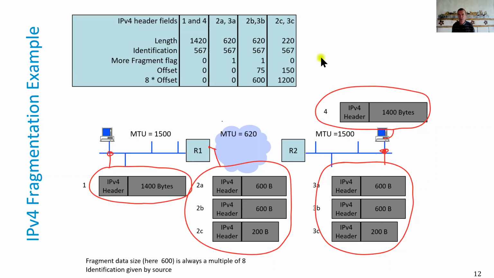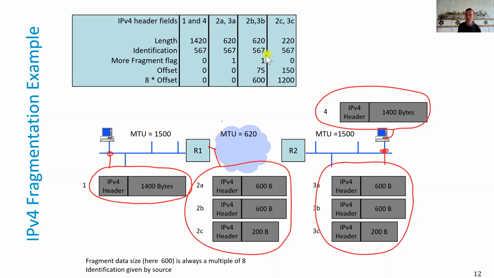For example, if I receive packet 2B first, I know that the packet size is 620, so I have 600 bytes of data. Of course, I forgot to mention, there is an offset in the packet that says where in the original datagram the packet was. Here it's 600, so I will start reconstructing the payload at offset 600.